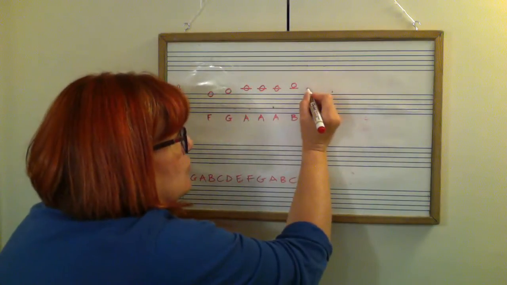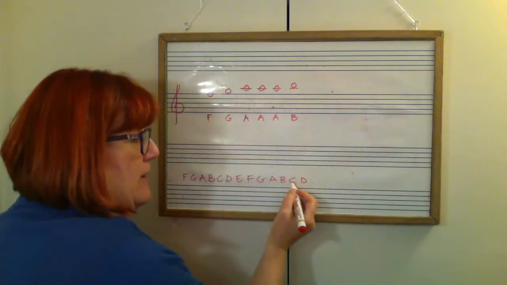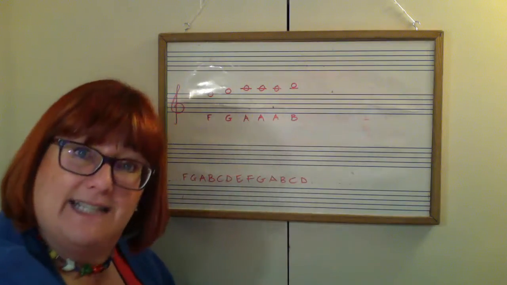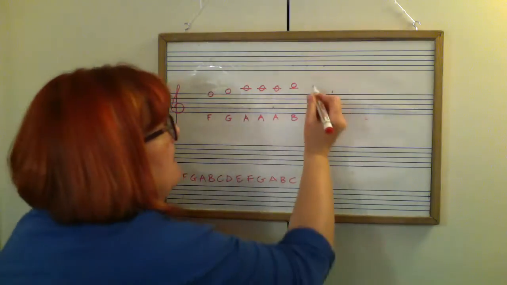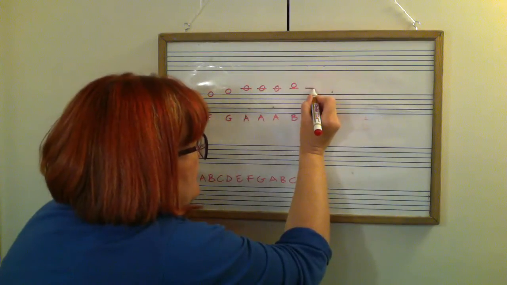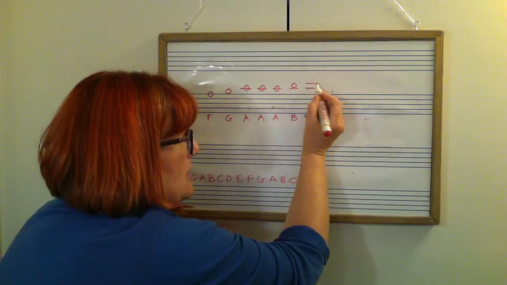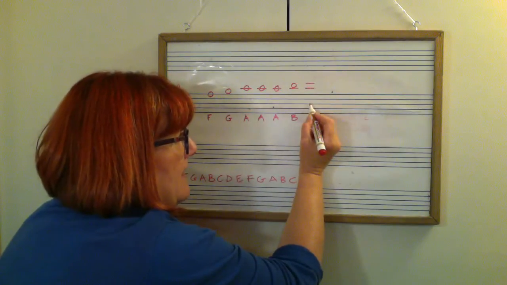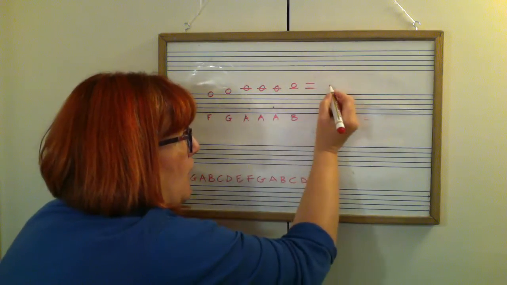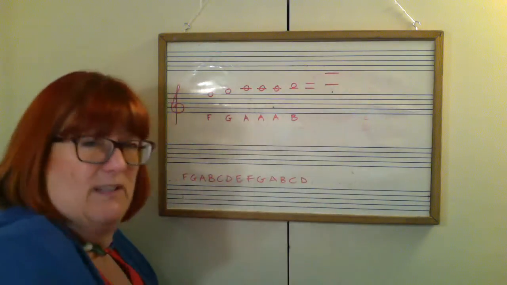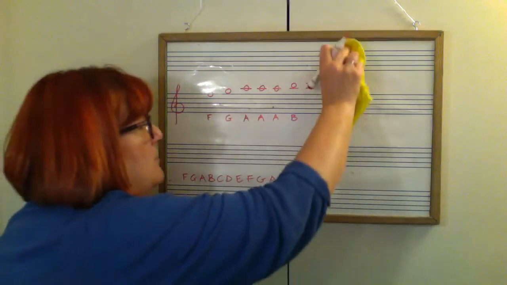But if we're going to draw a C on top of that, we know C comes after B. If B is a space, C must be a line. So we draw another ledger line, we leave a space, we draw another ledger line. So can you see that all the lines are the same distance apart? We don't do one here, then another one there, because that would get very untidy and it would be very difficult to read.